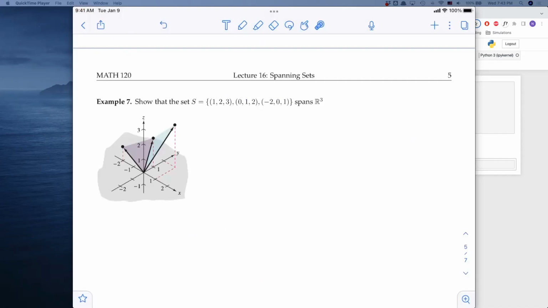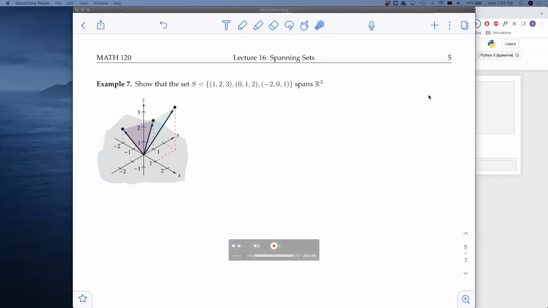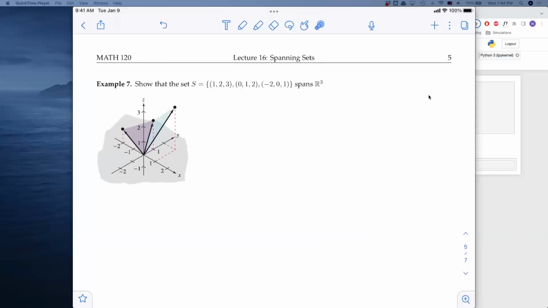In this particular case, show that the set S consisting of these vectors spans the entire R3. When you look at this set, it looks like a similar problem to example 3 and example 4, but you have to be careful here because the vectors are a little bit different.